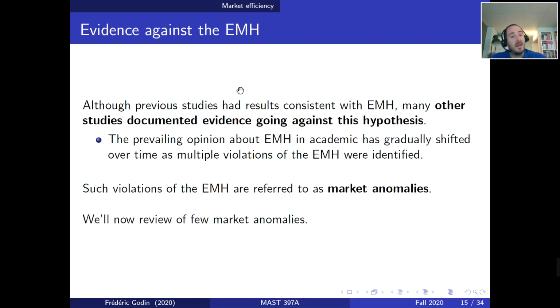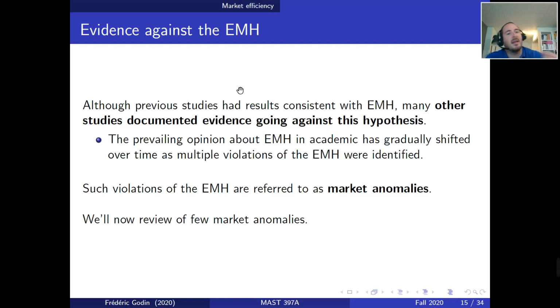Okay, so because of these more recent studies which highlighted violations of the hypothesis, the prevailing opinion about the efficient market hypothesis in the academic community has gradually shifted over time.